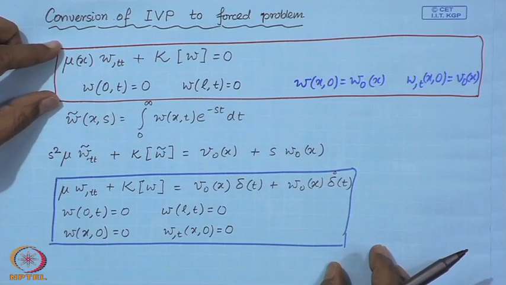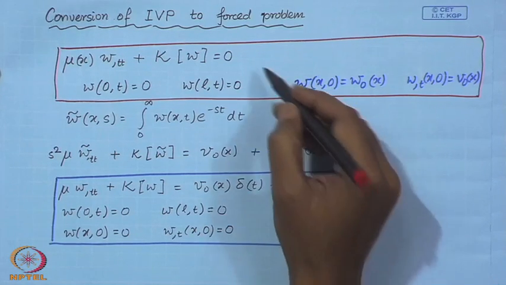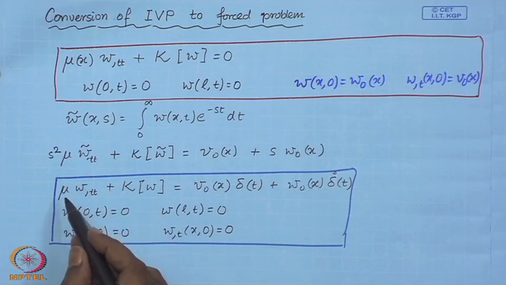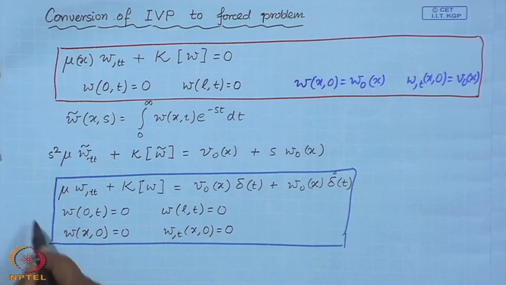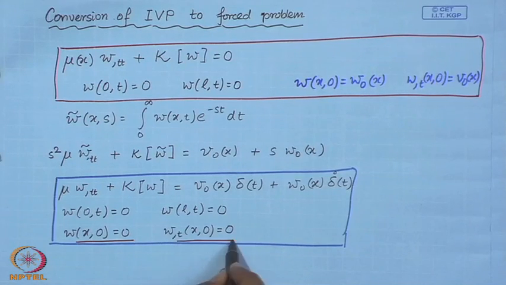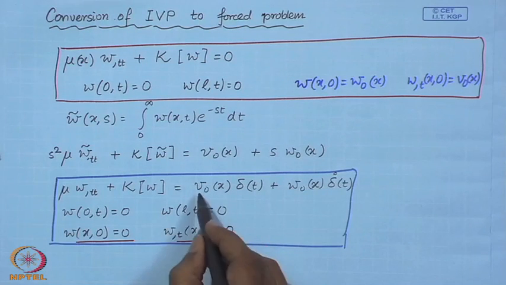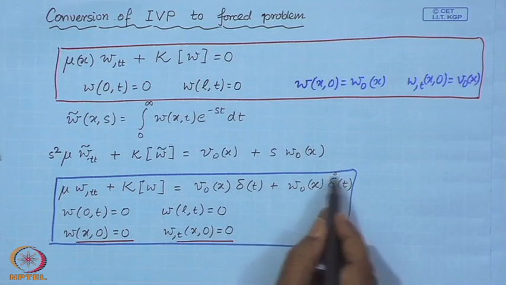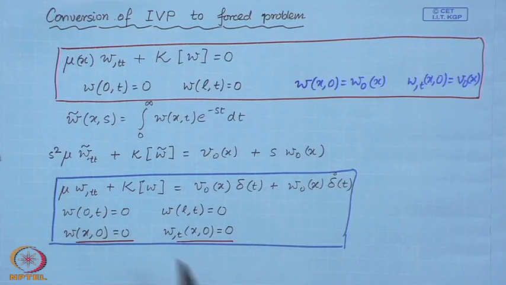In the Laplace domain, the equation of motion for this system is the same as the Laplace transform of this equation, but now you see this system has 0 initial conditions. So, here instead of these non-zero initial conditions, we have this forcing, this inhomogeneity in the equation of motion.